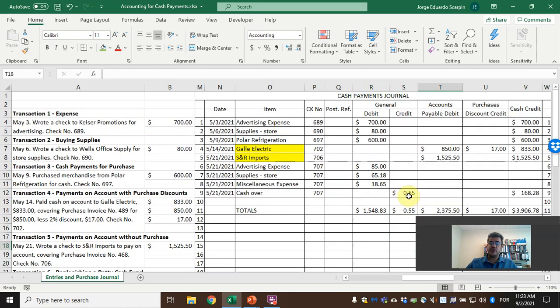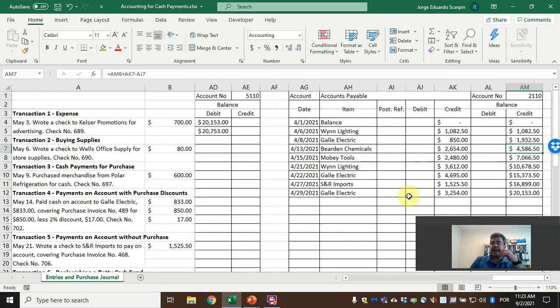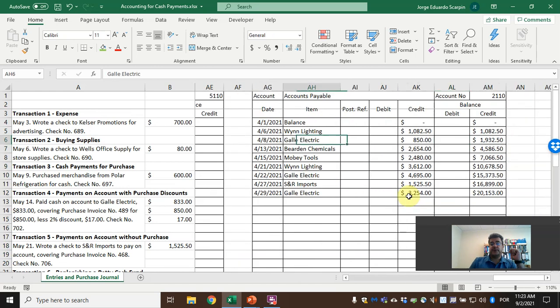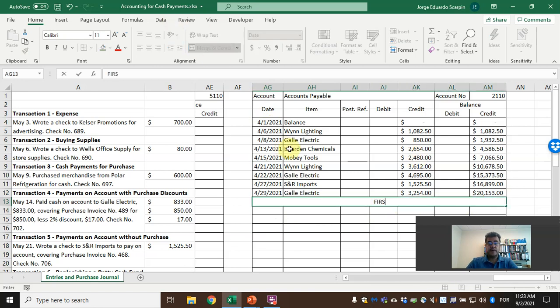And now, okay, we need to move these two payments of accounts payable to our accounts payable general ledger. We can do it in two ways. So here we have the previous month, the month of April, and we can do here the first approach.